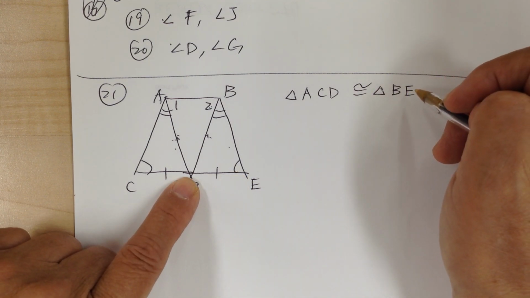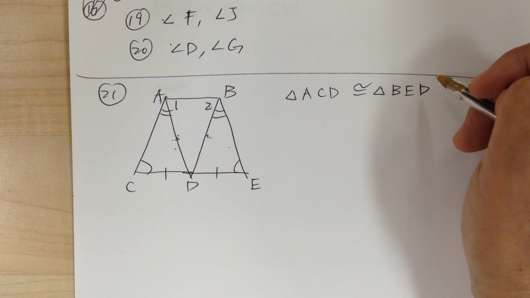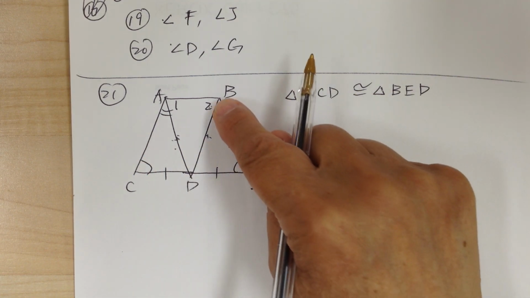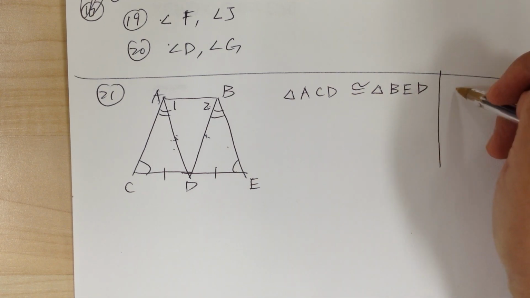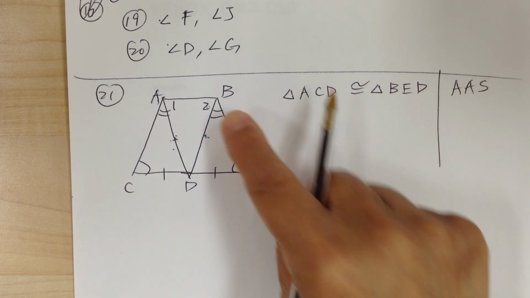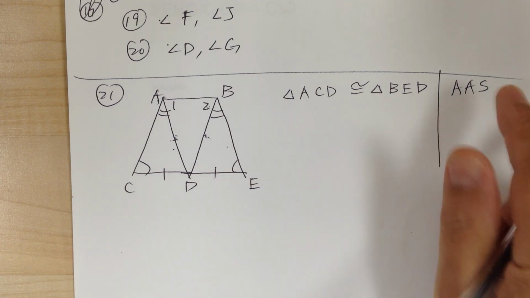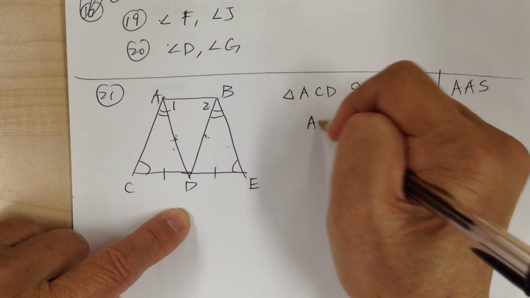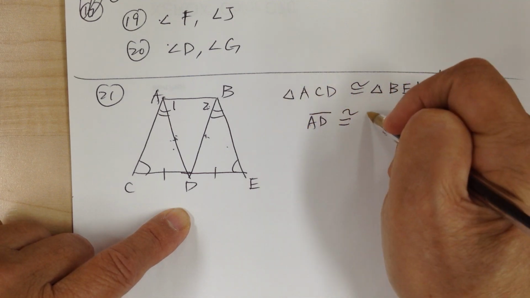And D is the other letter, so it will be just D. So the two triangles are congruent, and the reason is AAS.